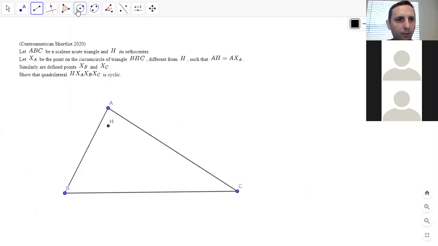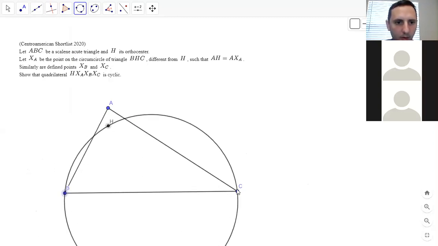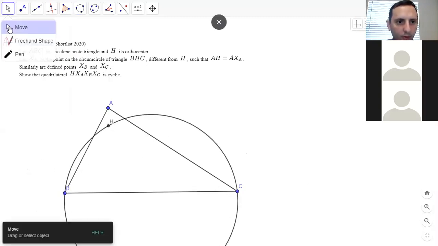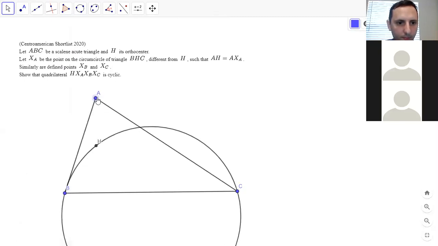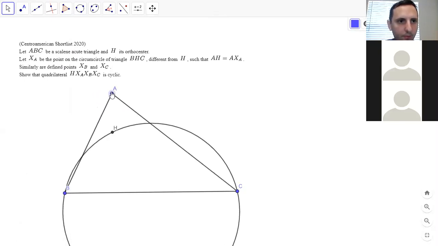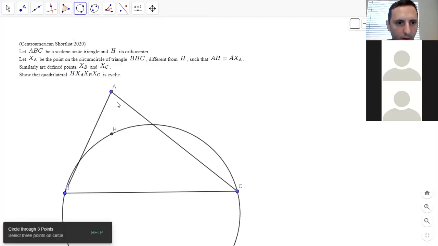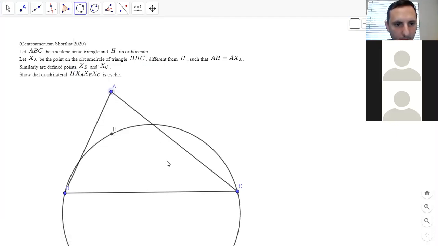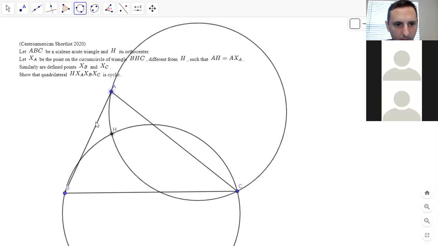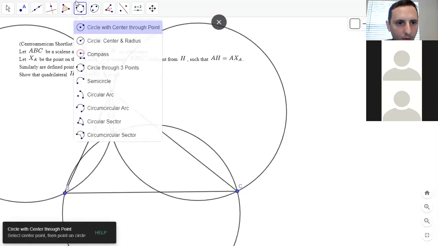XA is on the circumcircle of BHC. So yeah, we draw these three circles, and then we draw this circle.